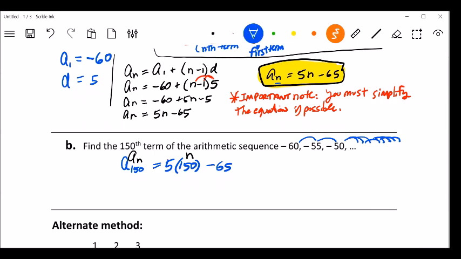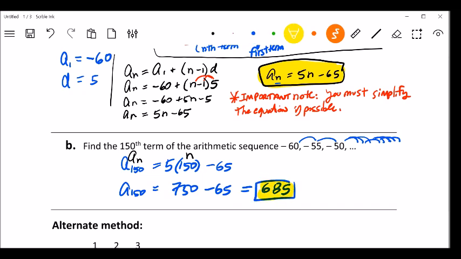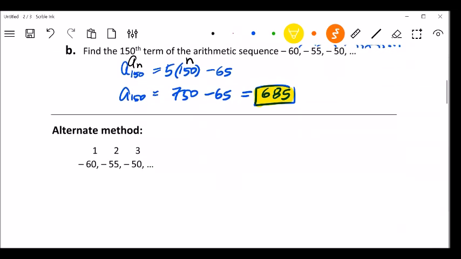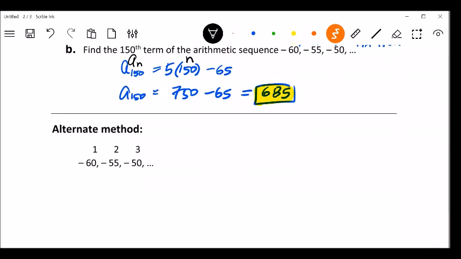And so the amount at the 150th place is equal to 750 minus 65, which is equal to 685. I did not want to count by fives going up to 685. This is much simpler. There's an alternate method to get a similar equation.